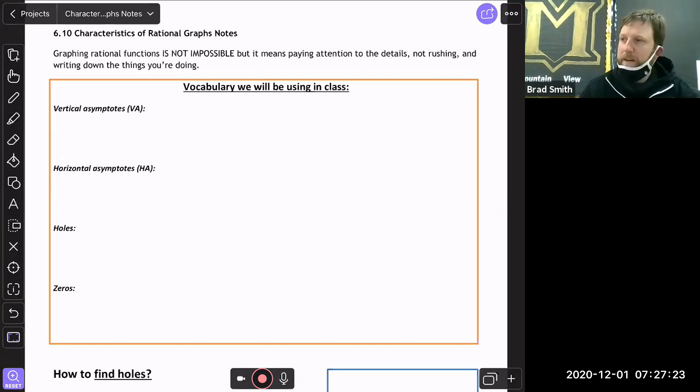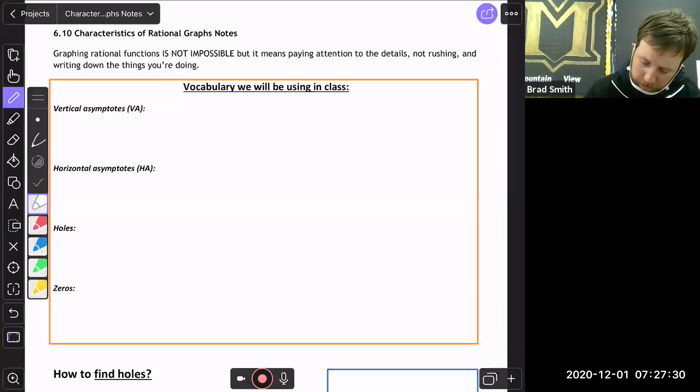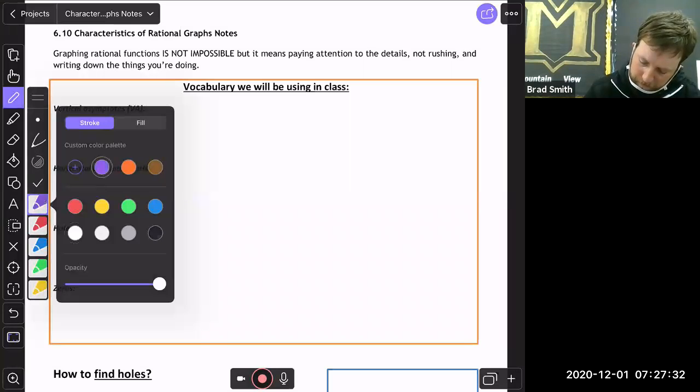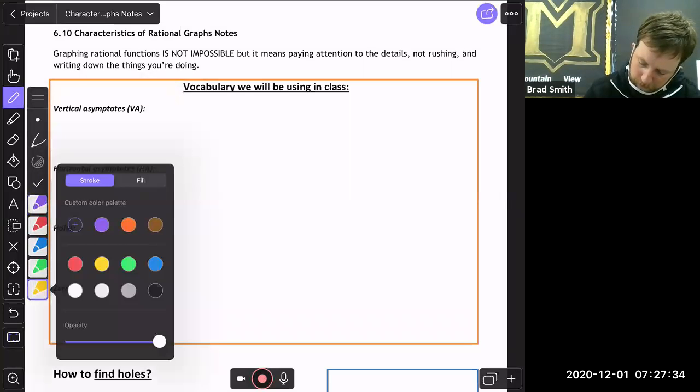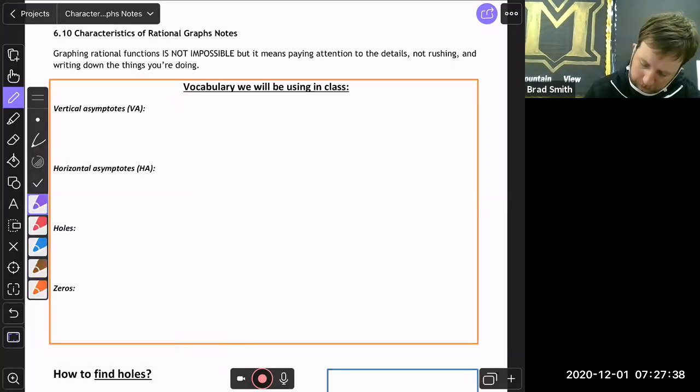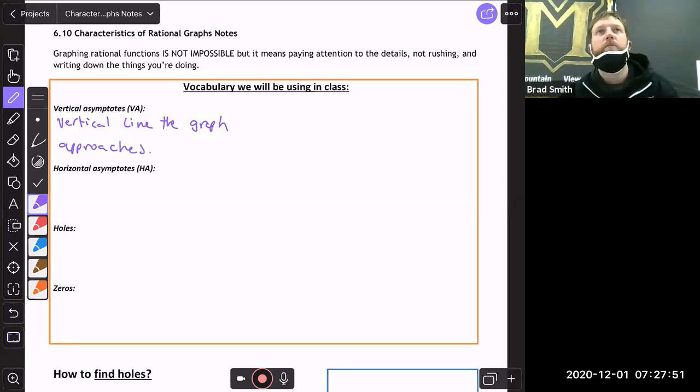So what this is by definition is a vertical line that the graph approaches.